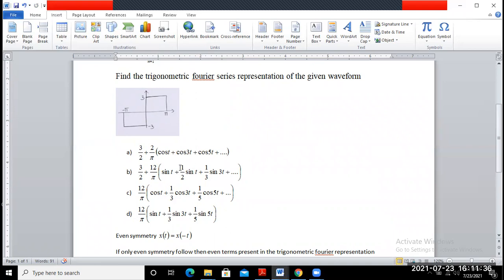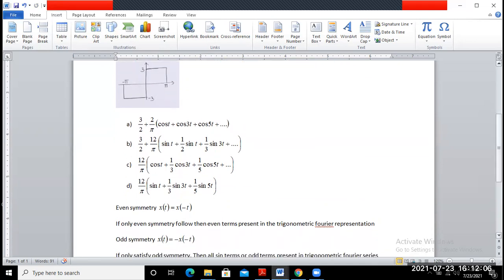You simply check which type of symmetry your given waveform follows, and corresponding to that, if you remember which terms are present for even symmetry, odd symmetry, even and half wave symmetry, and odd and half wave symmetry.